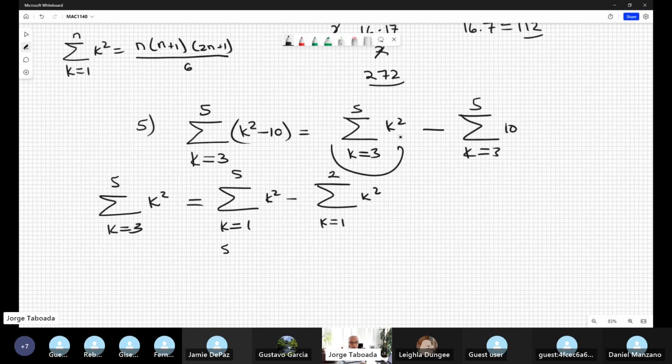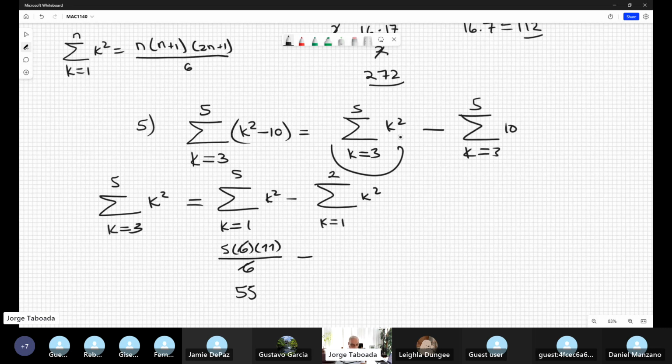It's the formula for this k squared. And our example is 5 times 6, which is n plus 1, times 11. Why 11? Because 2 times 5 is 10, plus 1 is 11, divided by 6. And that's all we get 55. Because this 6 is cancelled, and 5 times 11 is 55.